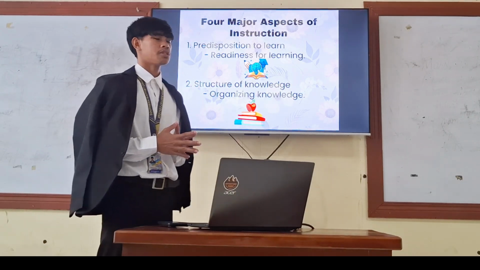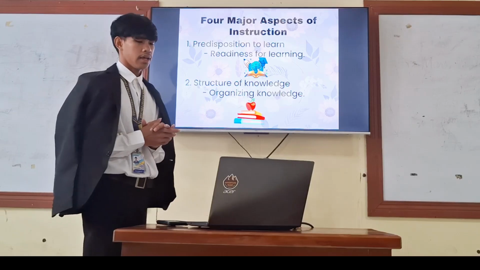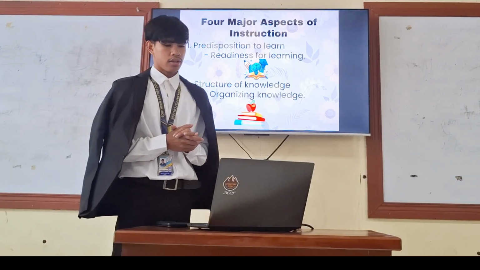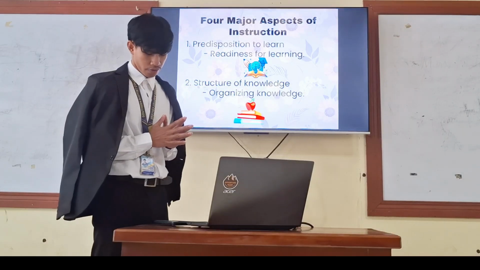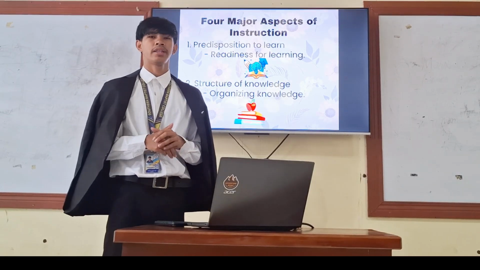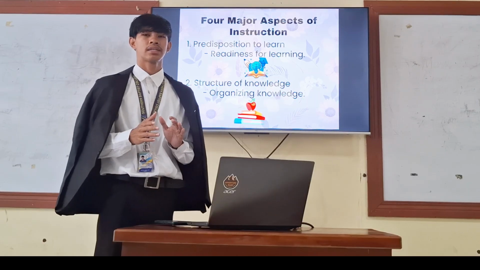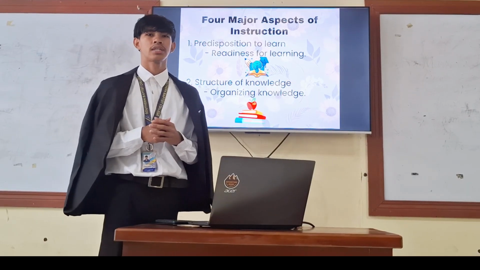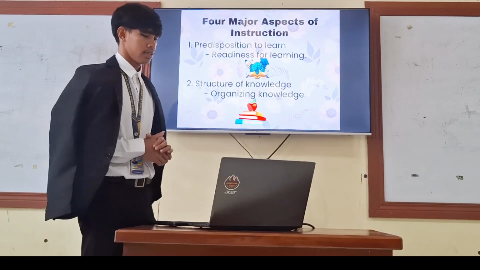Meaning the way knowledge is provided must be organized. Like for example, instead of just memorizing animal names, the teacher categorizes them into mammals, which gives the students patterns on how to understand those animals.